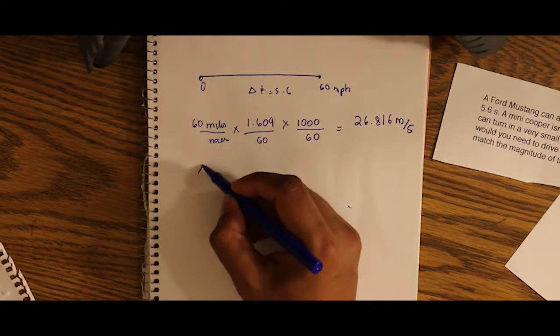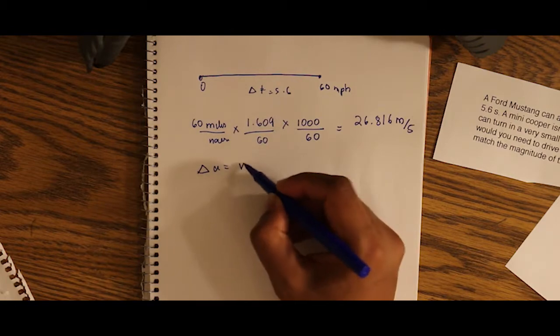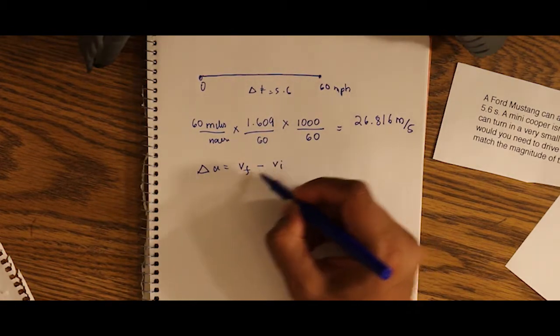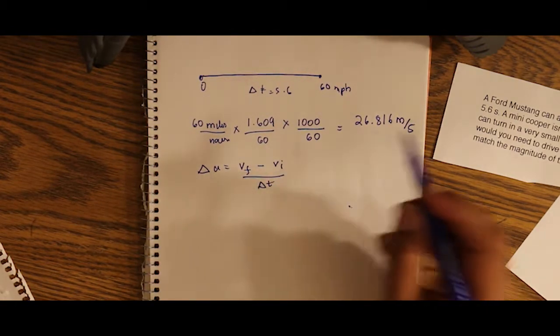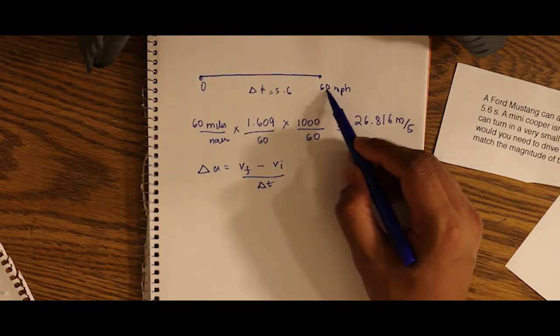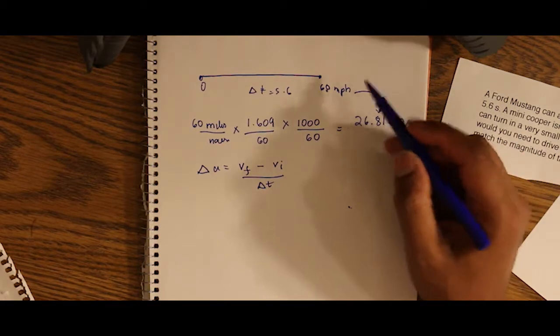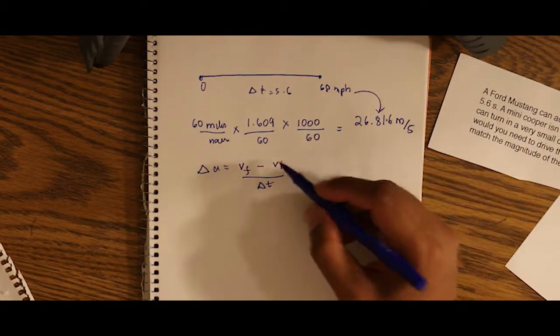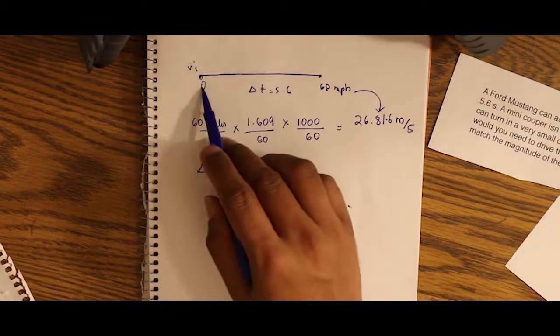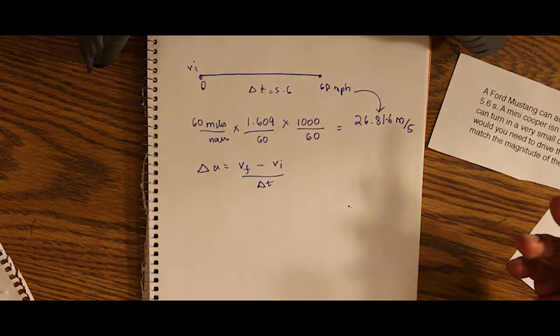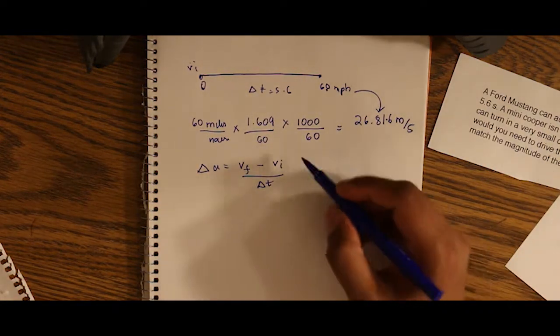So our acceleration is our change in velocity, which is velocity final minus the velocity initial, over our change in time. Our velocity final is 60 miles per hour or 26.816 meters per second. Same thing, different units. Our velocity initial is 0 miles per hour or 0 meters per second.